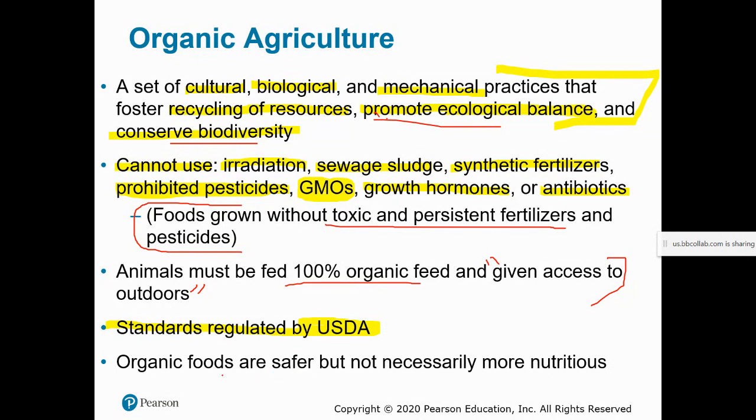There's some controversy, or some argumentation, I should say, as to whether or not organic foods are more nutritious.